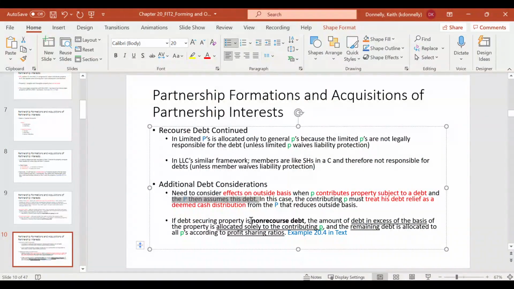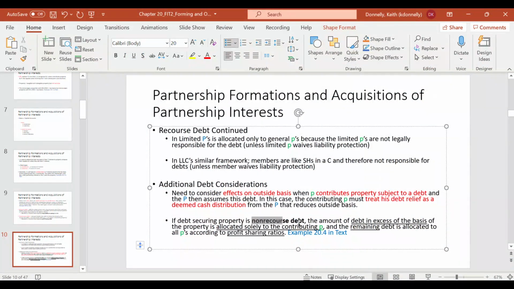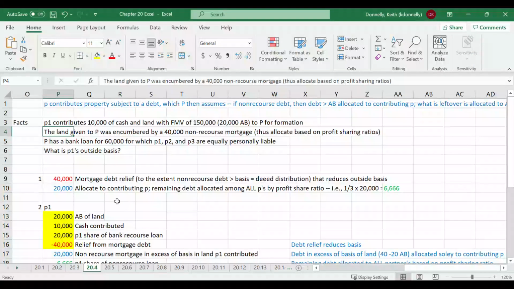So what we're saying here is we had a partner contribute property, that land, it was subject to a debt, a mortgage. Now we have to treat this debt relief as a deemed cash distribution. However, this was a non-recourse debt, so we have to apply this kind of funky rule here. The debt in excess of the basis is allocated solely to the contributing partner, and the remaining debt is allocated to all partners according to their profit sharing ratios.